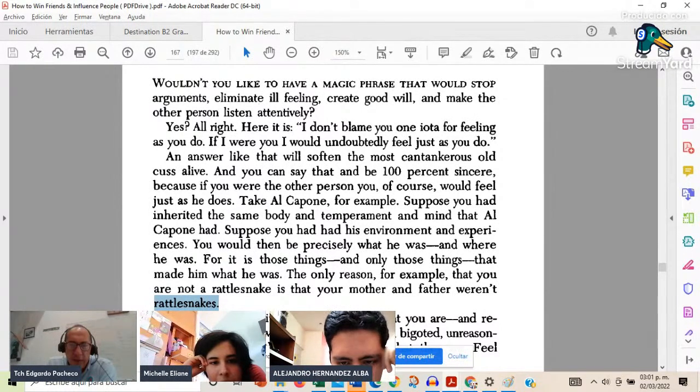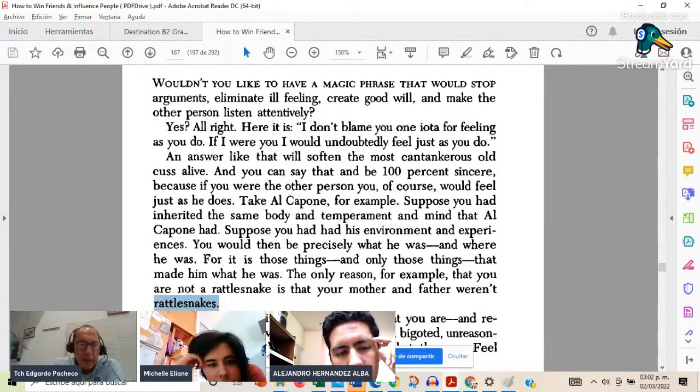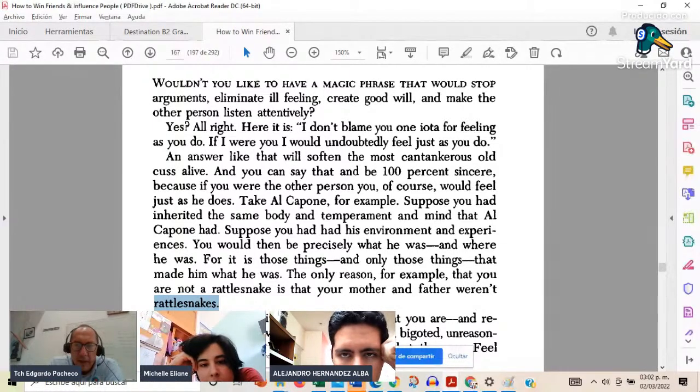For example, suppose you had inherited the same body and temperament and mind, had had the same environment and experiences.